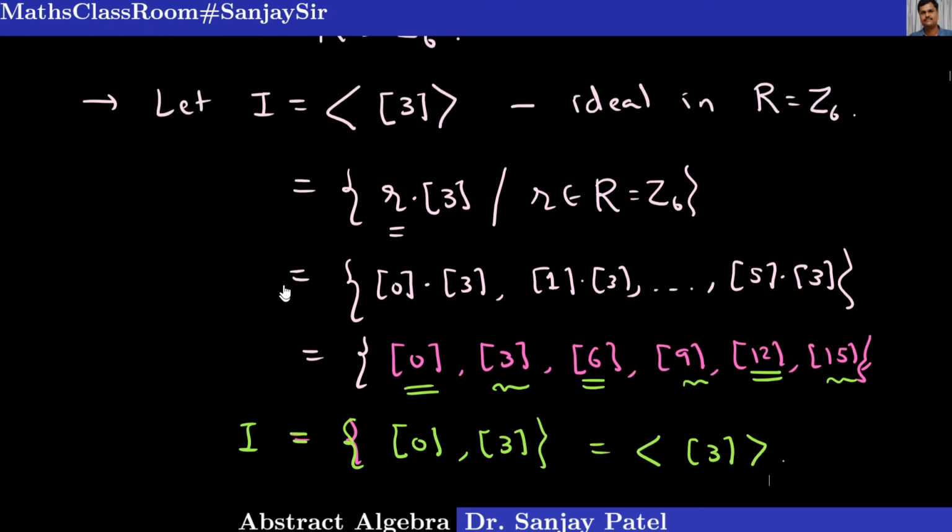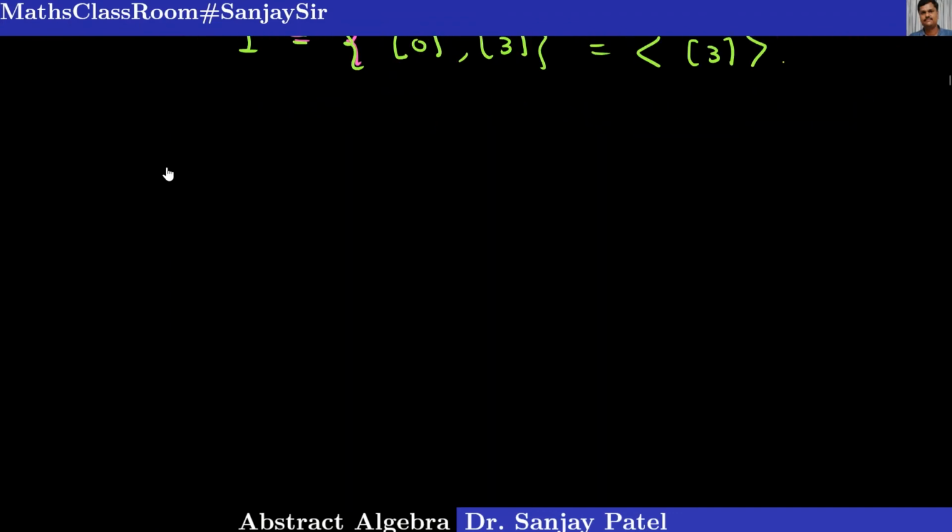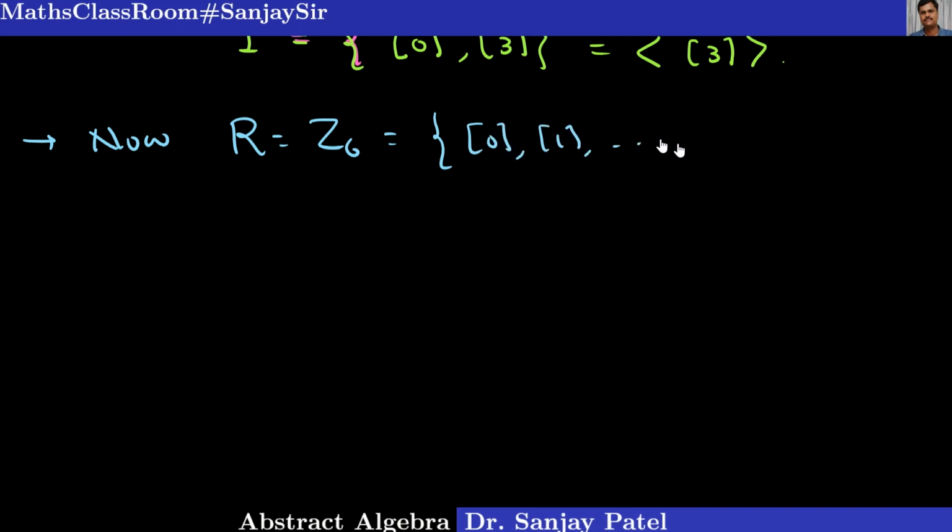Now we are going to find all possible cosets of this ideal in Z6. So I consider now R, that is Z6, equal to class 0, class 1 up to class 5, and I is equal to the ideal containing only these two elements.